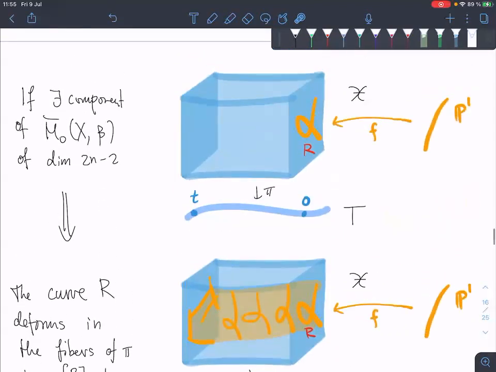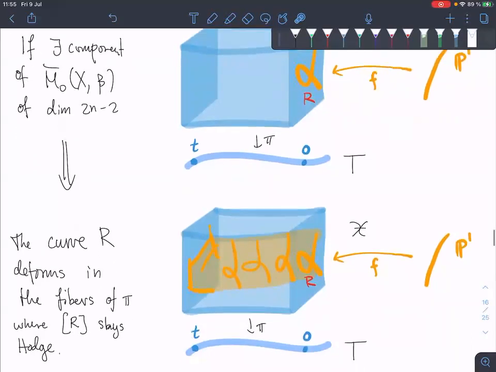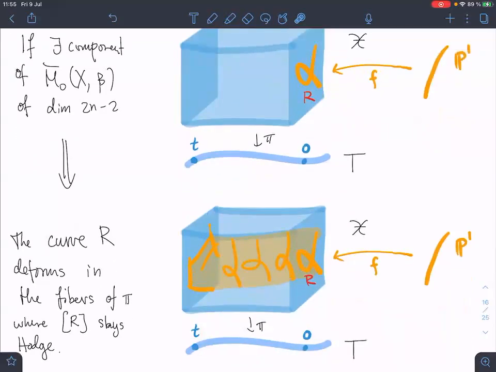It's a very remarkable thing, because what we did before was take a very general point in the moduli space and start with something there, and if it was very general, then you could move it out. But here it's different, because we can take a special variety, and then just knowing this thing about the component means that this curve deforms out to cover other fibers. Okay, any questions about this statement?